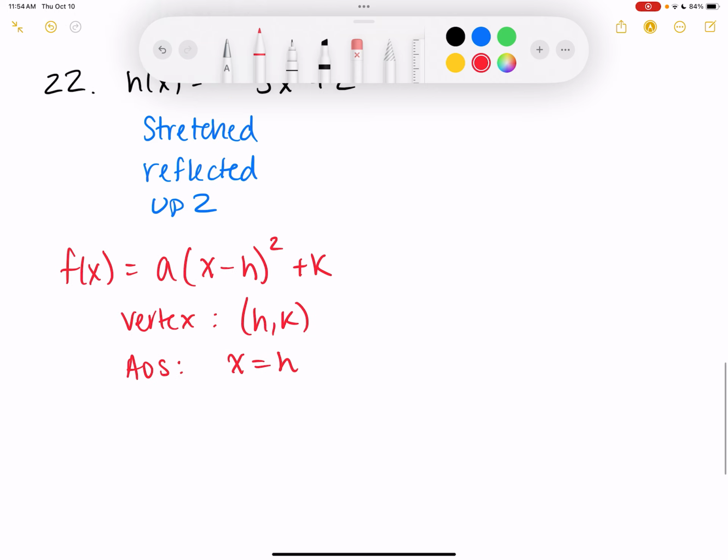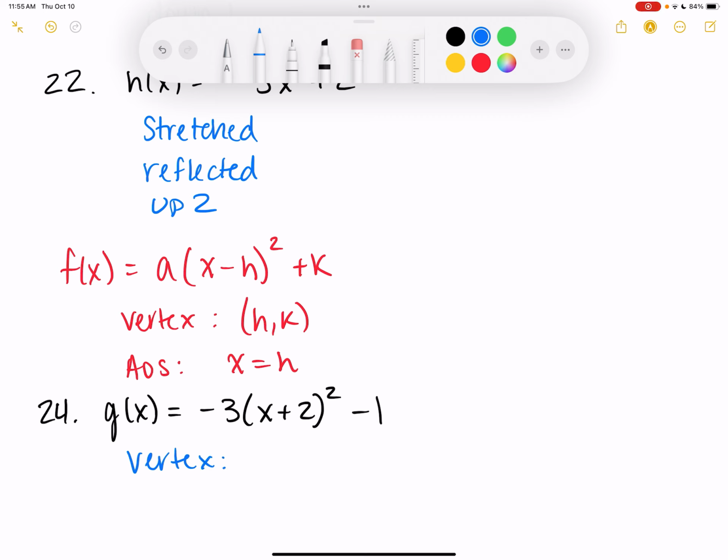So, number 24, g of x equals negative 3 times (x plus 2) squared minus 1. So what would my vertex be of this one?